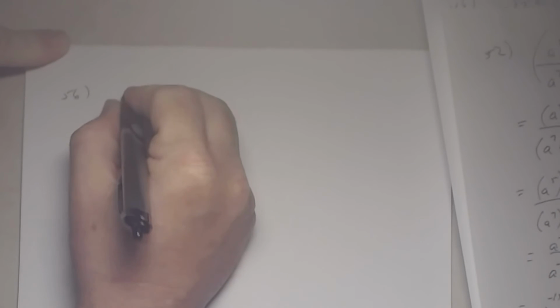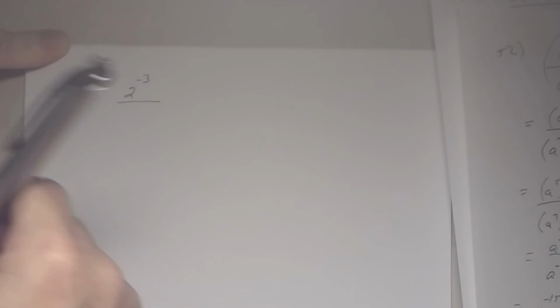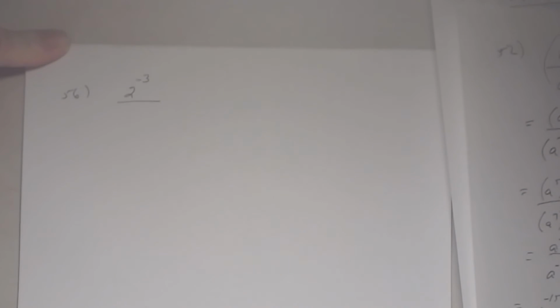All right, let's look at 56. In the numerator, you have 2 to the negative third. Oh, I wanted to show you the other way to do this. So let's do 56 first, and then we'll come back and do 52 again.